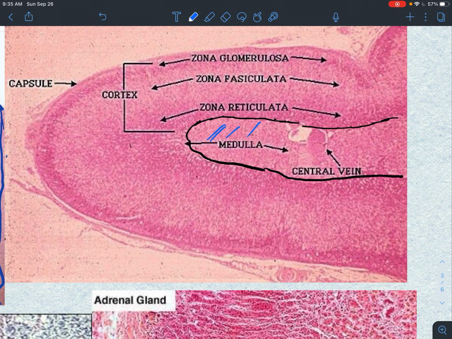All of that is medulla. And the giveaway is that blood vessel there. And so that's the medulla. You've got the capsule that is making its way around, which is the border of the organ itself. And then you have to be able to differentiate between the zones.